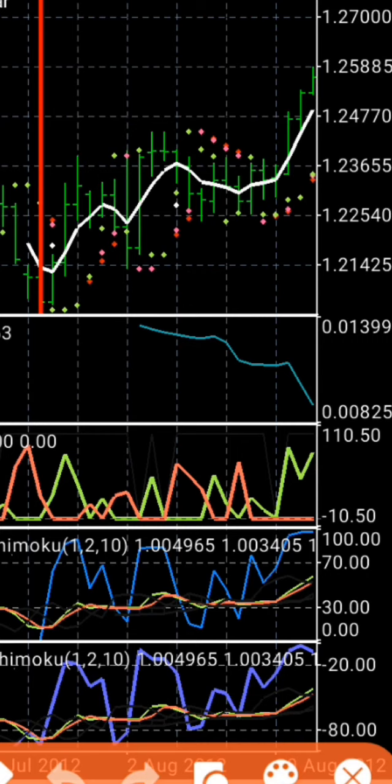Without wasting much of your time, we're going to start the test of these indicators, seeing how effective they are. Now we use the ATR here to have a prediction of how price moves, what the average of the price movement is at a particular point in time.